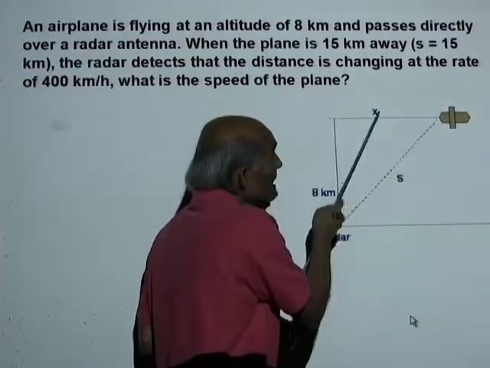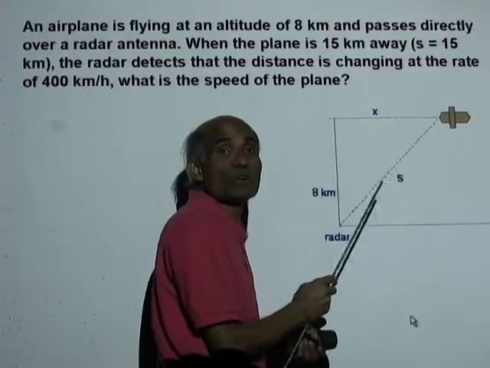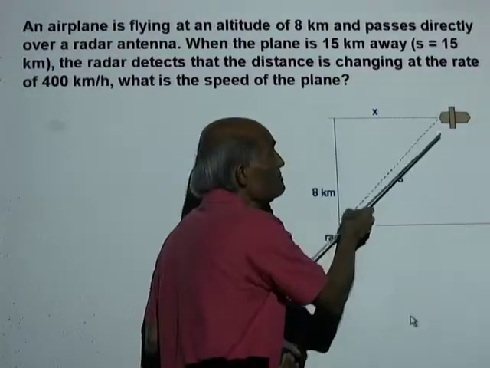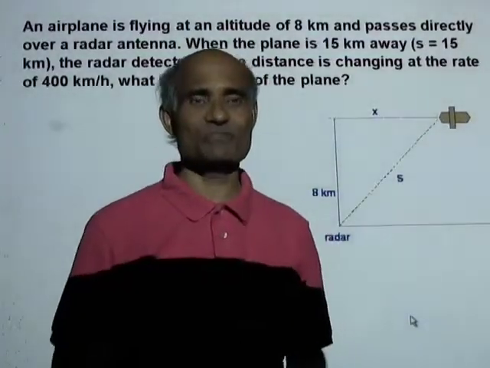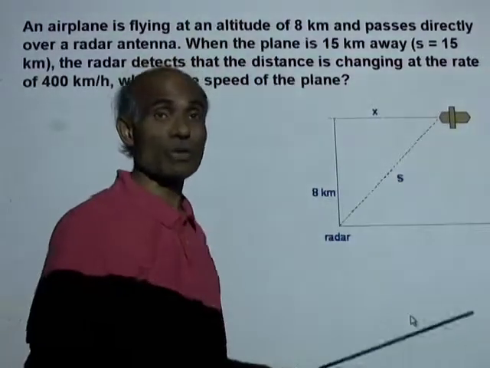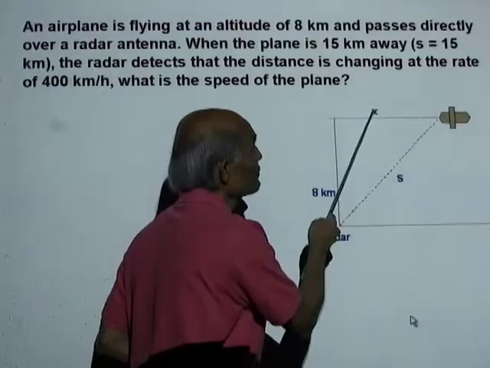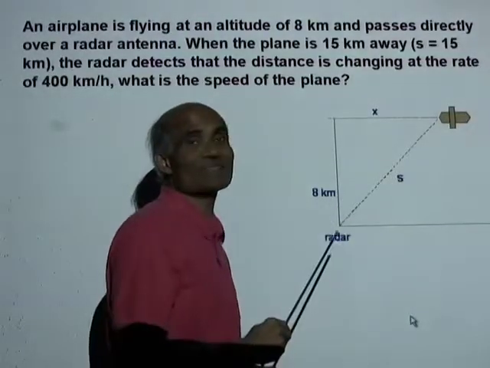So in order to find that dx by dt, we need to establish a relation between s and x. All right, can you write down a relation? Do that on your own. What is the relation that connects x and s?